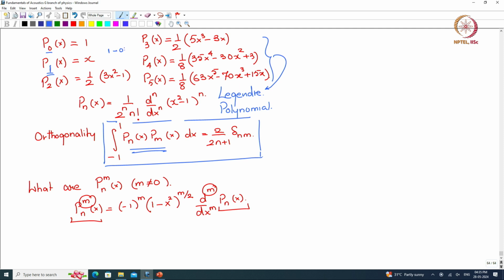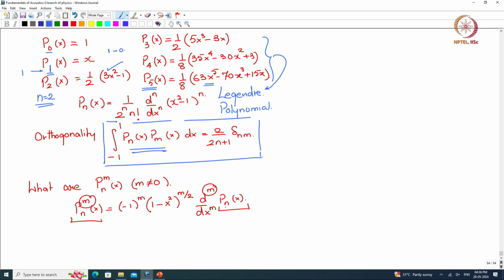So if the subscript is 1, I can take only one derivative. Similarly, for n equal to 2, I take one derivative, I get 6x. I take another derivative, I get a constant. But if I take the third derivative, this goes to 0. Similarly, P5 I can differentiate 5 times.